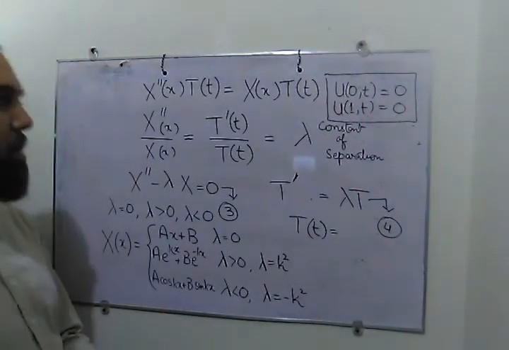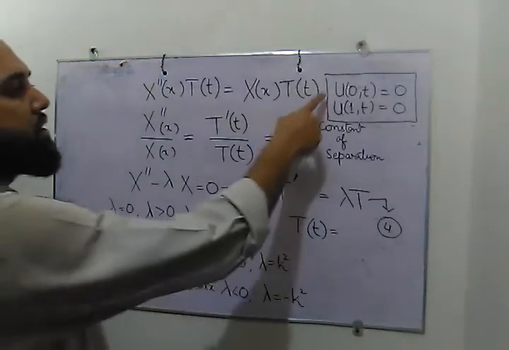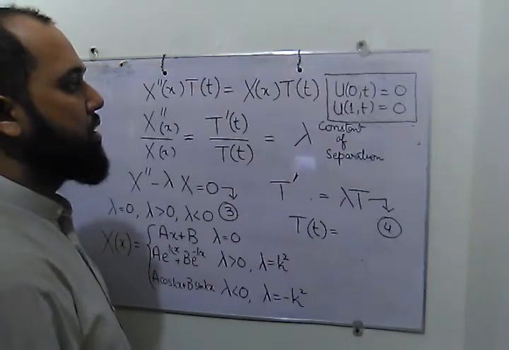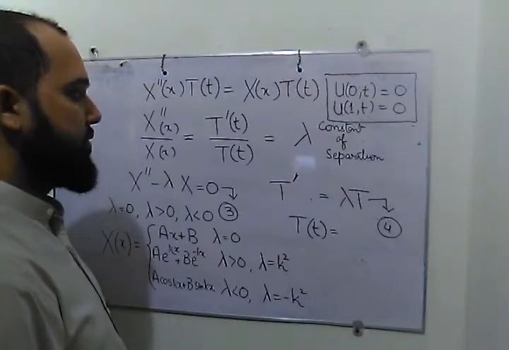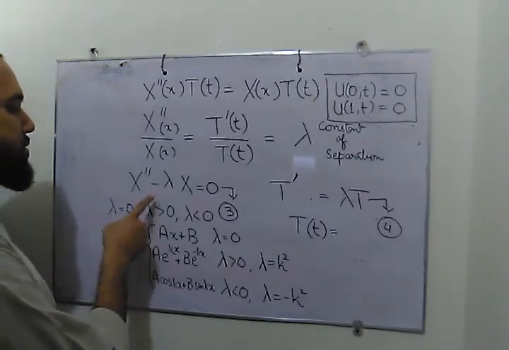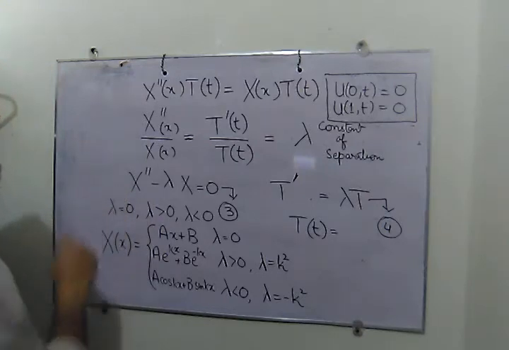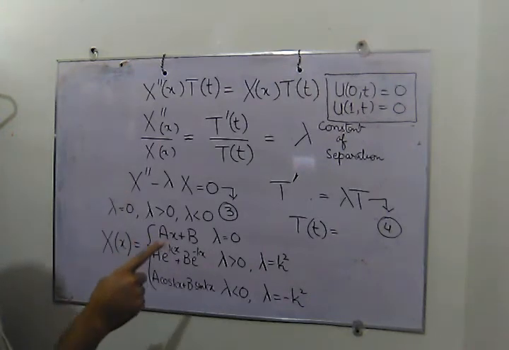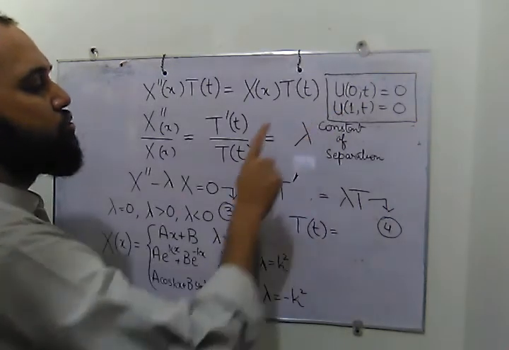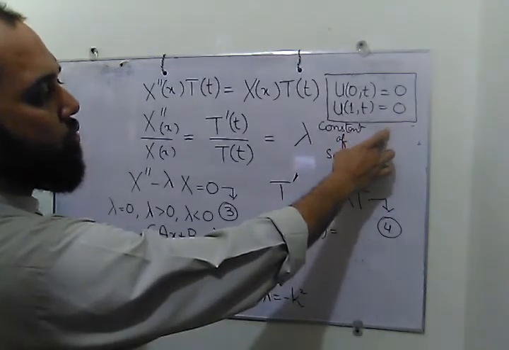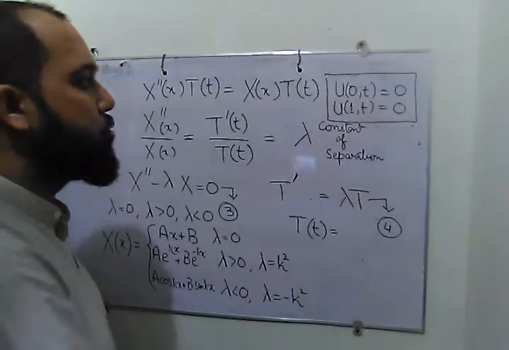Now there is a problem in these boundary conditions, that they are dependent on x and t both, because these are the boundary conditions of the partial differential equation. However, the equation we are going to solve is an ordinary differential equation, which has only one variable, x. So we need boundary conditions which only depend on x and do not depend on t, which means that we consider these as old boundary conditions and we have to make new boundary conditions.